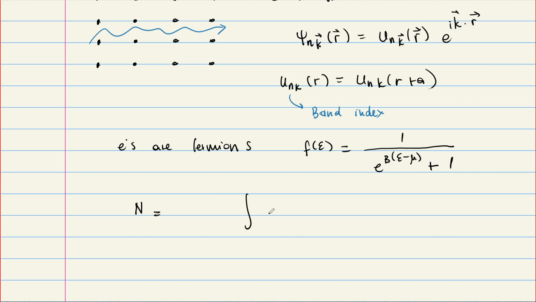So let me write. First, we have exactly what we had in the Bose case, which we studied, this integral. Let me decorate: this is epsilon_nk, the energy of band n, and this k is, by the way, kind of like momentum, but not quite.